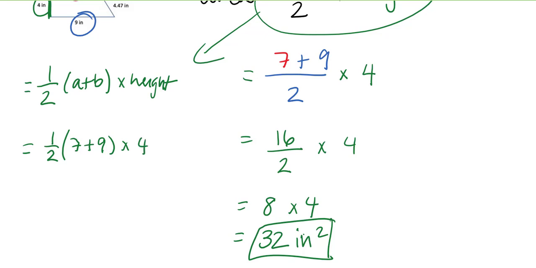If you remember, when dealing with multiple steps, we look at what's in parentheses first, which would be here. So we would tackle that first, which would be 7 plus 9. So we just rewrite everything. 7 plus 9 is 16 times 4.